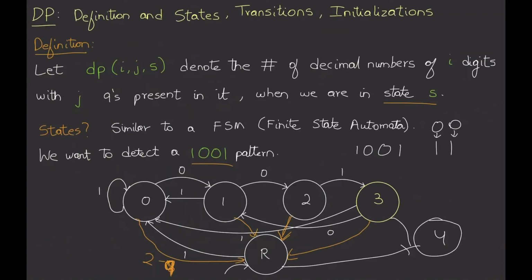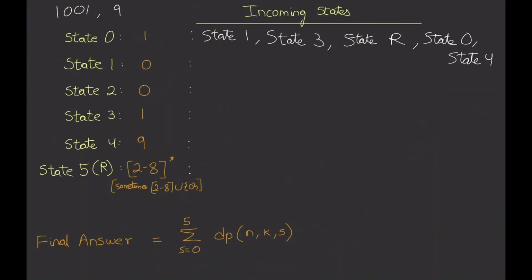I can reach state 1 from state 0. And can I reach state 1 from any other place? Yes, from state 3. That is when I saw 1001 and then I see a 0 immediately. So there are exactly two states to go to state 1, which are state 0 and state 3.